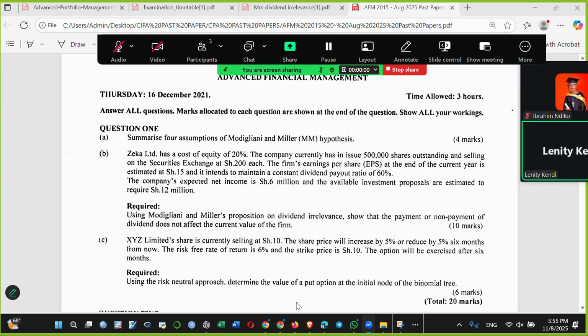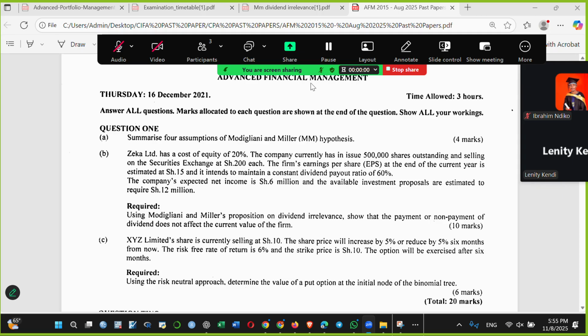The company's expected net income is 6 million shillings, and the available investment proposals are estimated to require 12 million. Required, using Modigliani and Miller's propositions on dividend irrelevance, show that the payment or non-payment of dividend does not affect the current value of the firm.